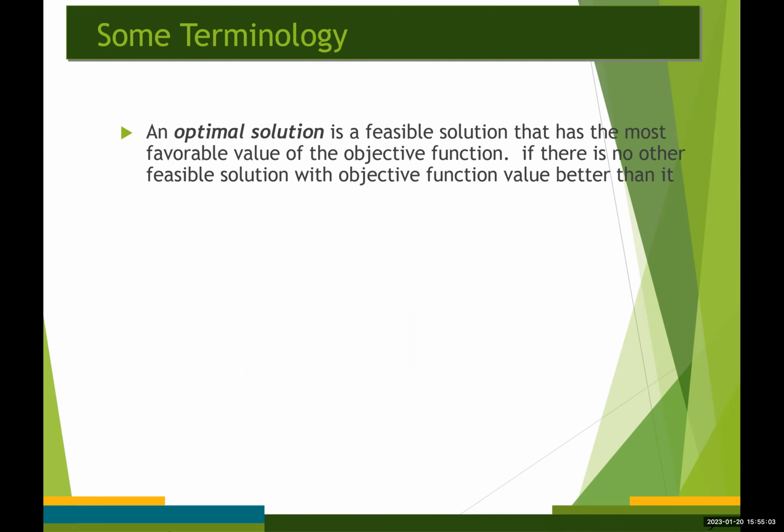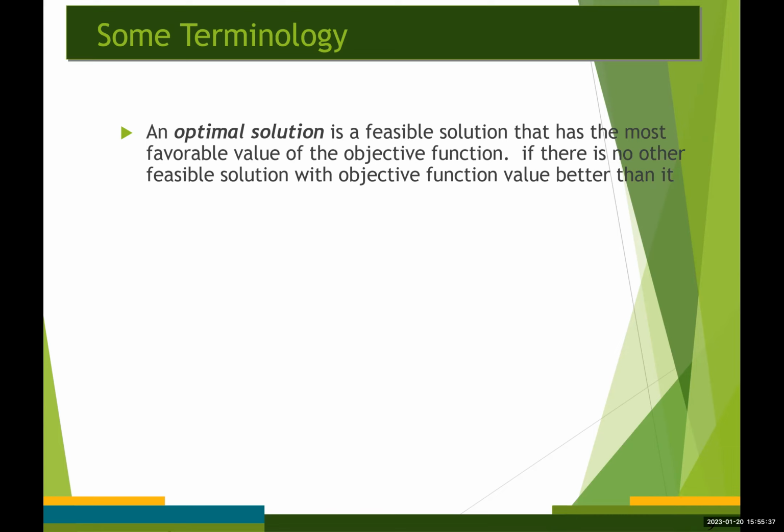Next is the optimal solution. An optimal solution is a feasible solution that has the most favorable value of the objective function. Here, the most favorable value could be the largest value if the objective function is to be maximized. Of course, it's going to be the smallest value if the objective function is to be minimized, right?